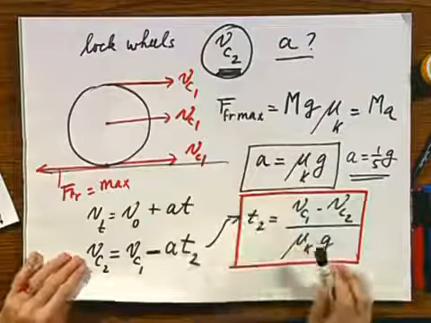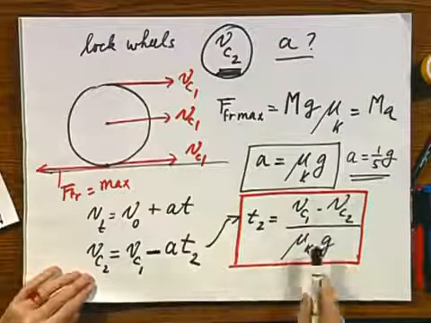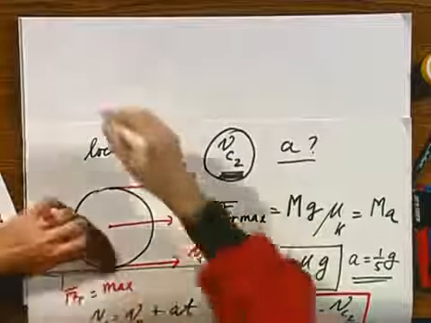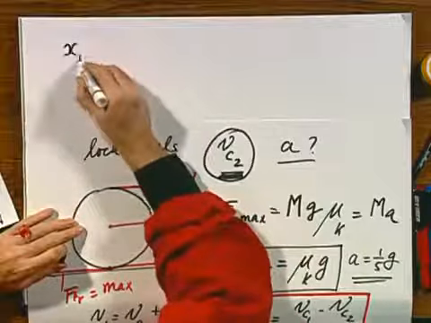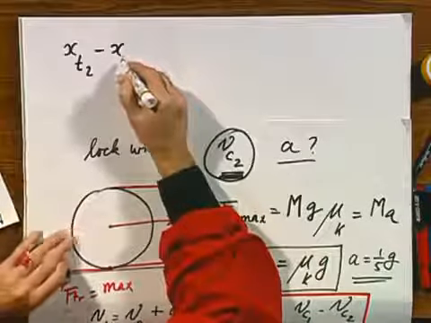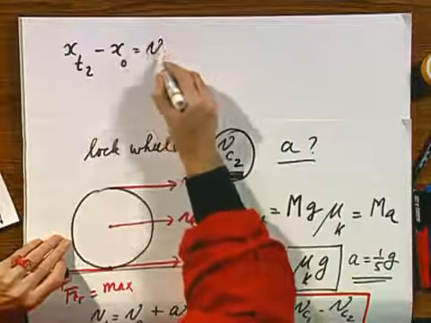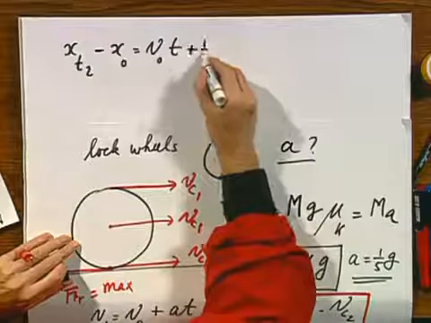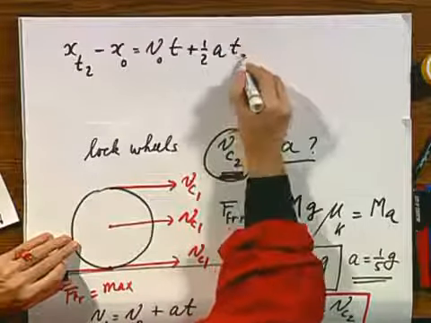Now the question is, what is the distance traveled? Well, that's relatively easy now, because x at time t2 minus x at time t0, by the general equation which we had early in the course, equals v0 t plus 1/2 a t squared.